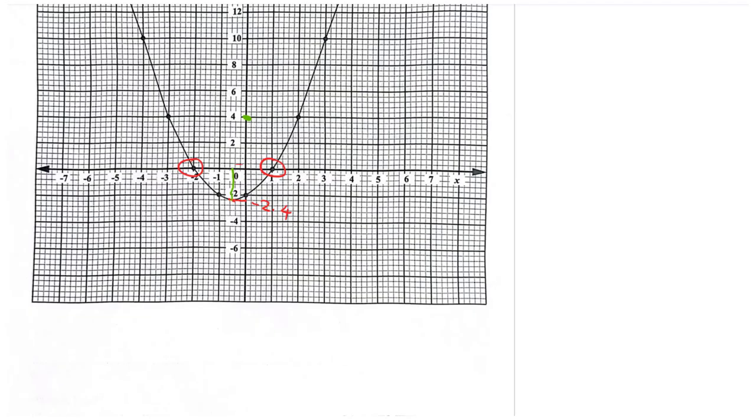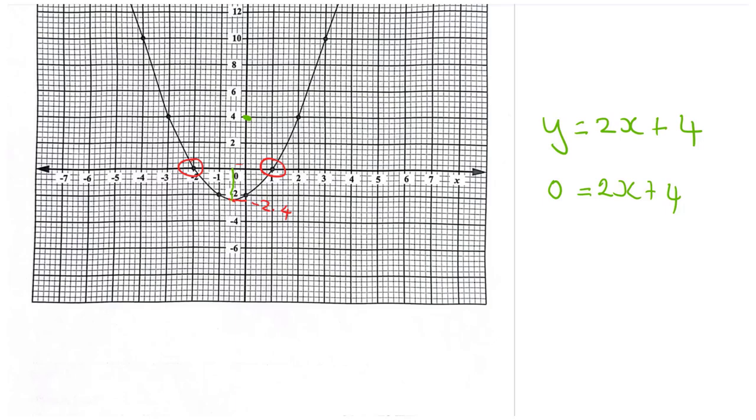We need to find a next point. So we have the equation y is equal to 2x plus 4. We can find the x-intercept by setting y to be 0. So if we set y to be 0, we get 0 is equal to 2x plus 4.